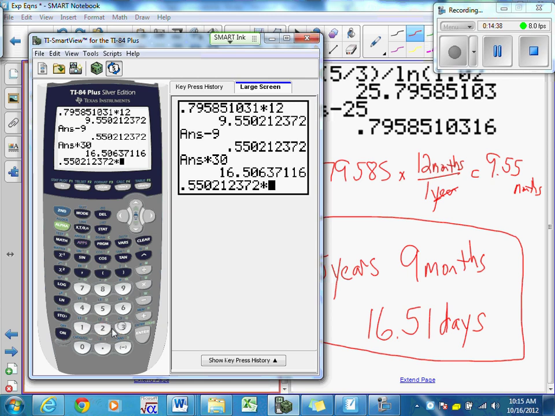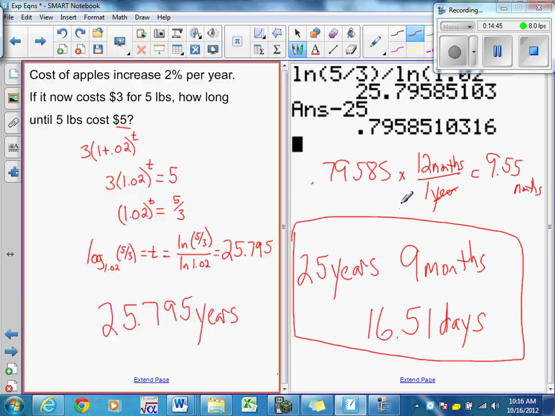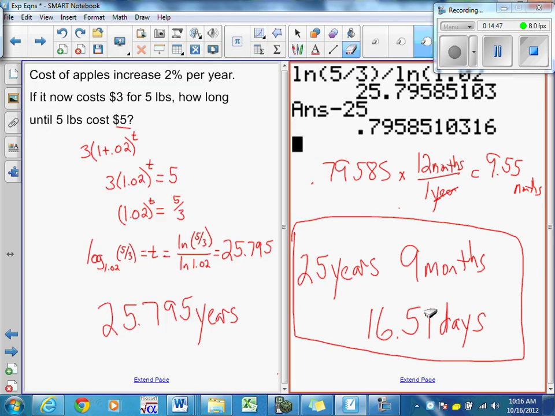So let's multiply by 31. We get 17.06. So 9 months and 17.06 days. So 25 years, 9 months, roughly 17 days.